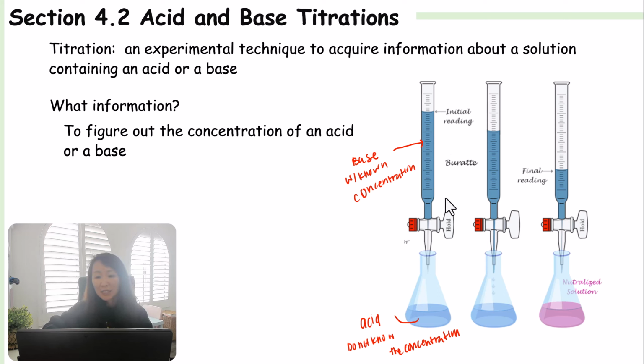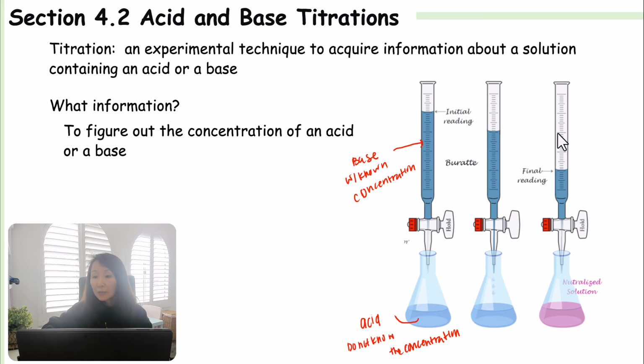This particular base is going to be titrated by administering it drop by drop into this flask, into the acid. At a certain point in time, this solution is going to turn light pink, a little bit darker pink. And you're going to stop at that point.